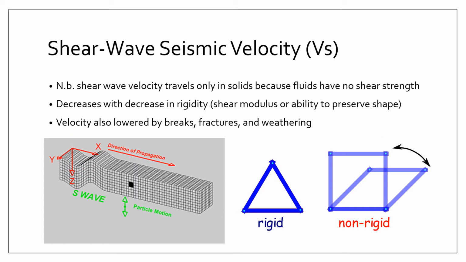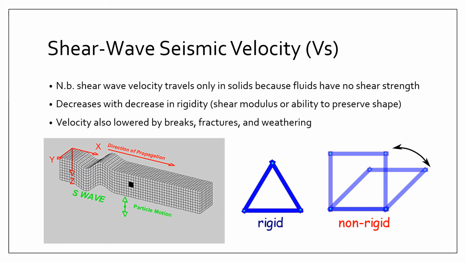Now, the next important parameter is the shear wave seismic velocity. This is different from compression wave velocity as it involves shear waves. The important feature of shear wave velocity is that it cannot travel in fluids, mainly because fluids have no shear strength.